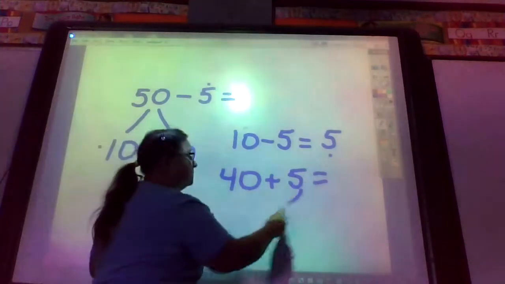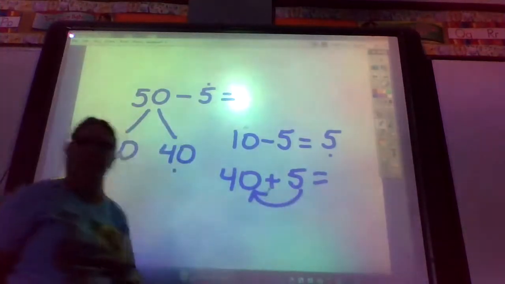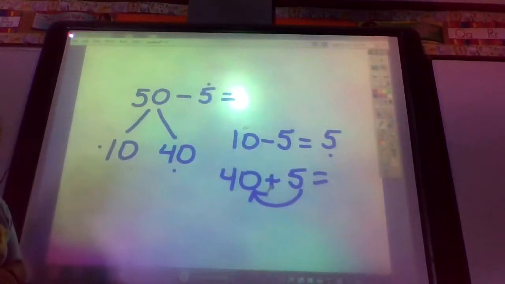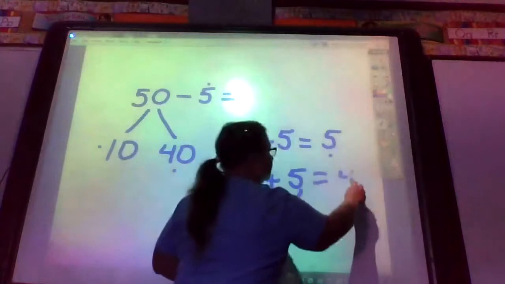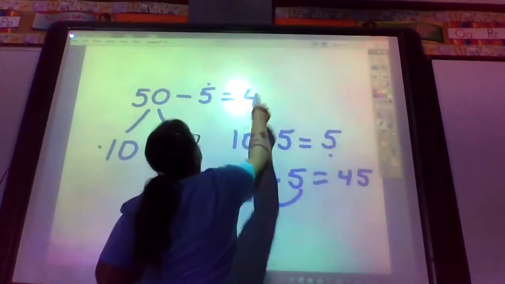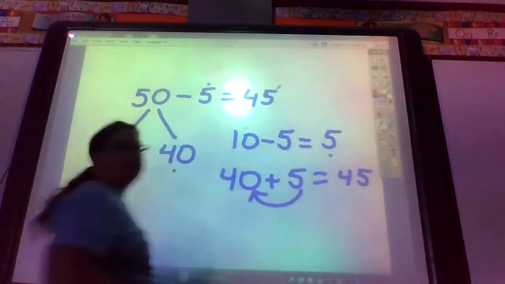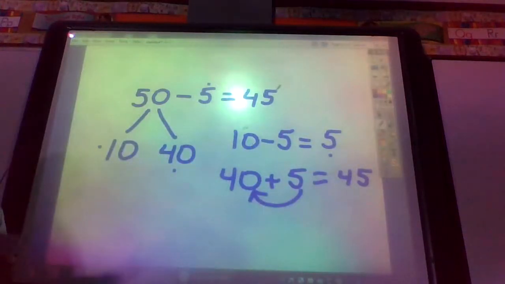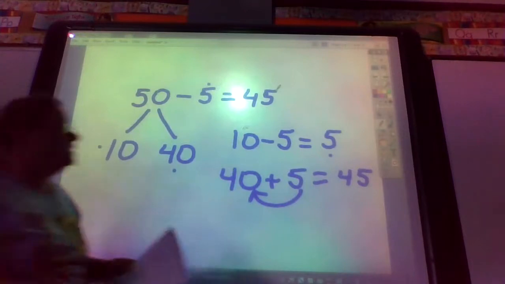So this becomes my slide number. That 5 just takes the place of that 0. 40 plus 5 is that 45. So I know that 50 minus 5 is 45. Okay? There's that slide number.